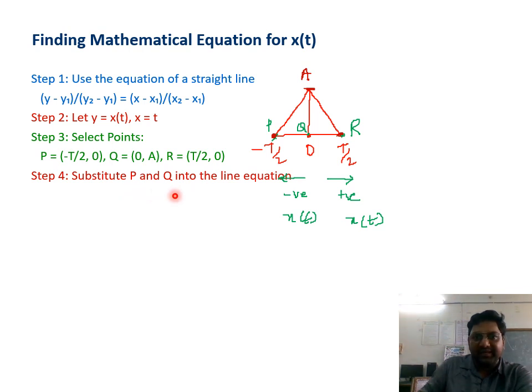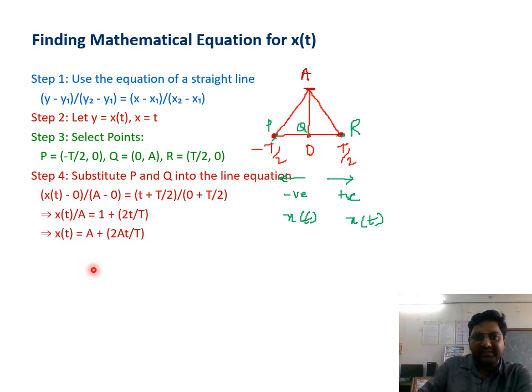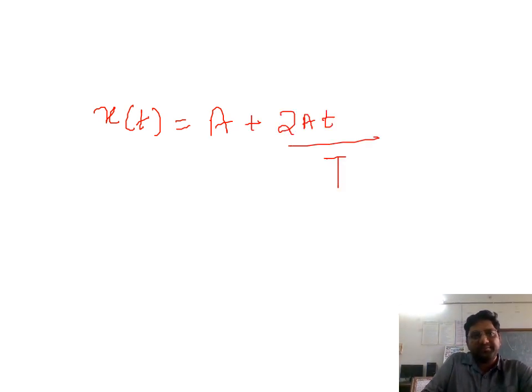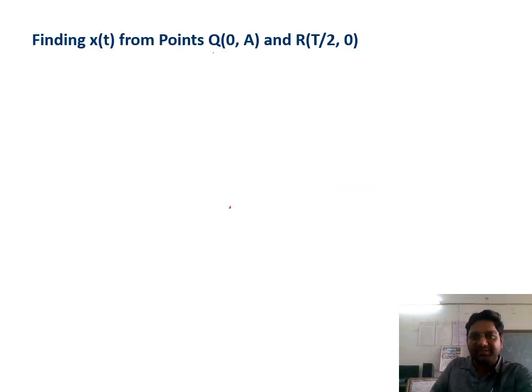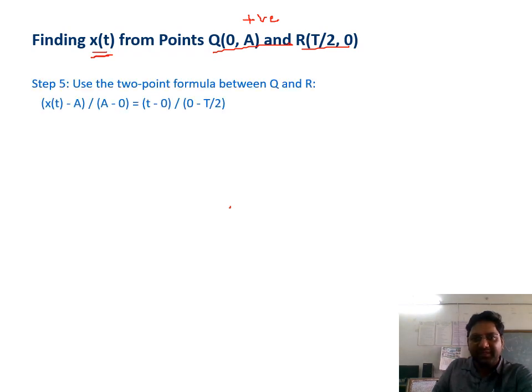Then substituting P and Q in the straight line equation, we get this. On solving, I conclude that for the negative side of the signal, x of t is A plus 2A small t by capital T. Similarly, I am finding the value for the positive side of the signal using Q and R as the coordinates, with the same straight line formula.